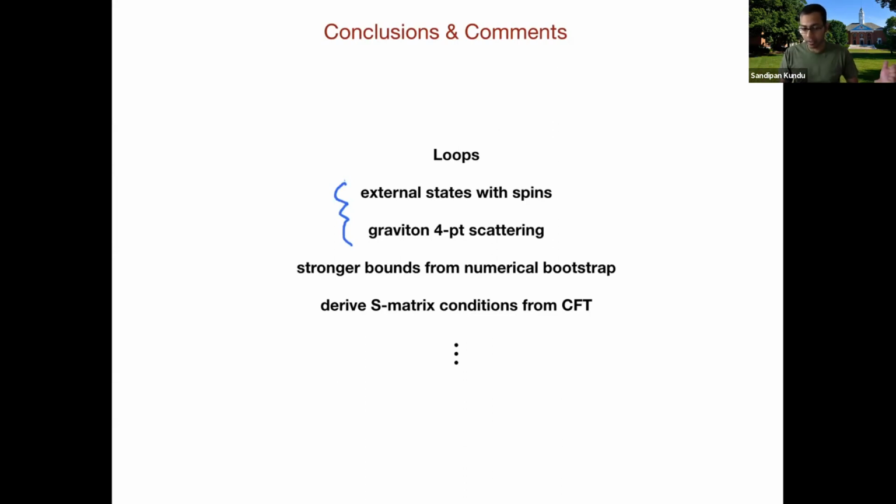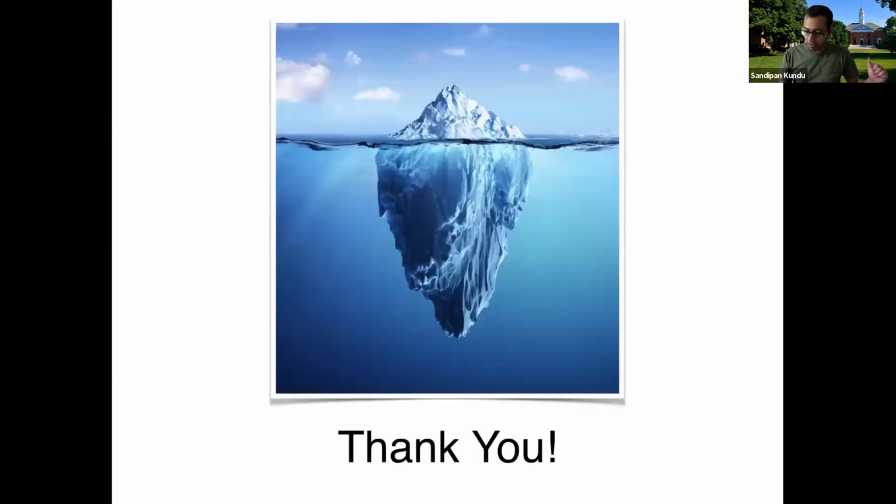That would be a really useful goal for this kind of program. There are many other things that can be done in this setup, and I truly believe this is just the tip of the iceberg. From this kind of argument, it's possible to derive a lot more and learn a lot more from this kind of setup.